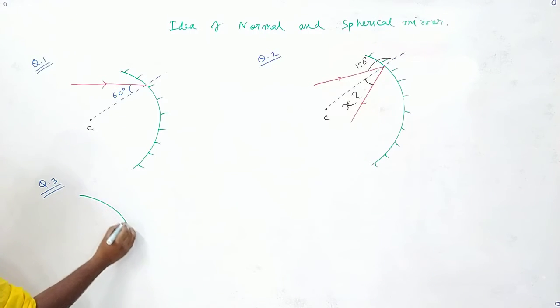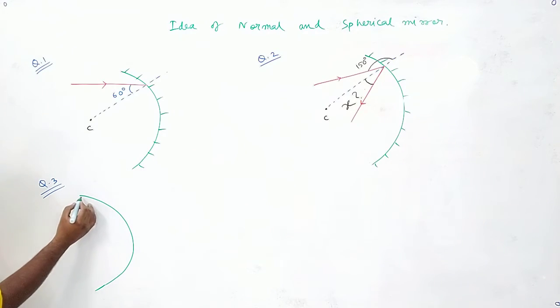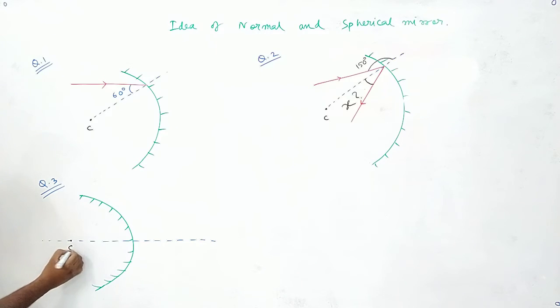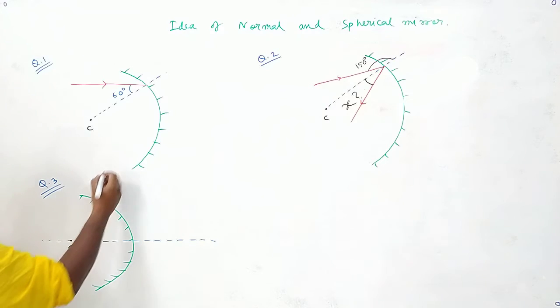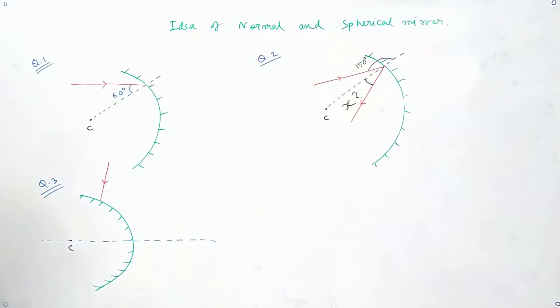Suppose this is your mirror, but in this case we are drawing a convex mirror. Now in this convex mirror, suppose this one is the center of curvature, and suppose a ray of light has fallen in this position.